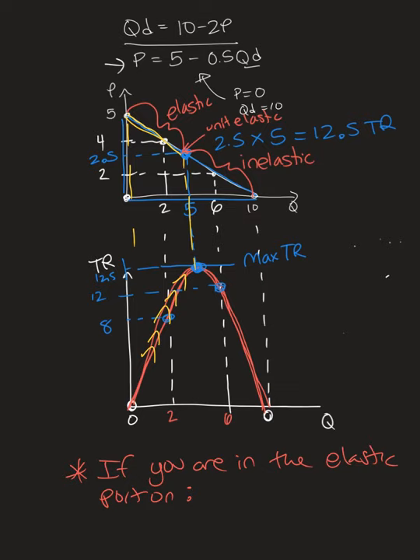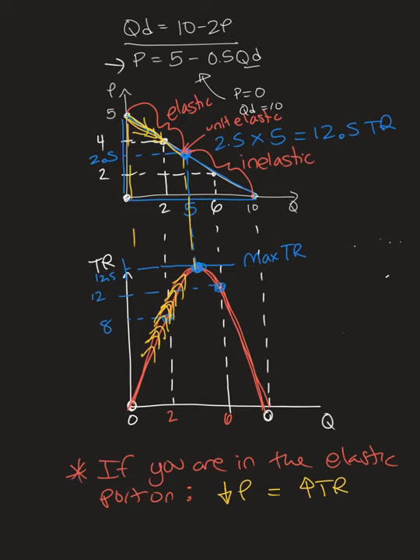In order to increase revenue, we actually have to reduce the price. So as price comes down, total revenue goes up. So in the elastic portion, we will reduce the price in order to increase the total revenue.